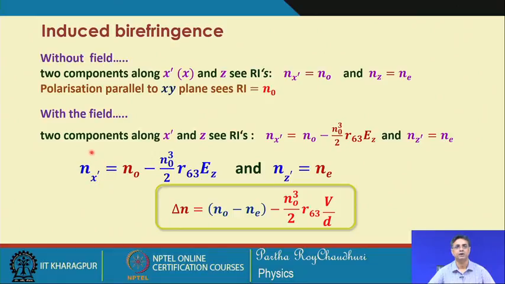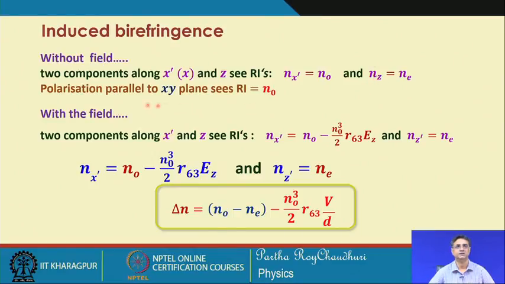Now, without electric field n x dash equals n 0, n z equals n e, because these are the two polarizations which now come into play. It is not y, because y is now the direction of propagation of light. Perpendicular to that y dash direction, the x dash polarization and z dash polarization see the refractive indices.